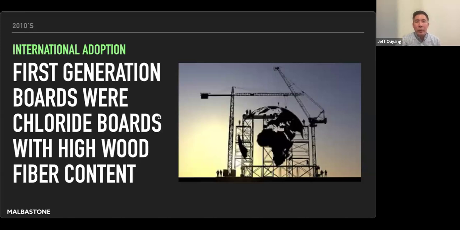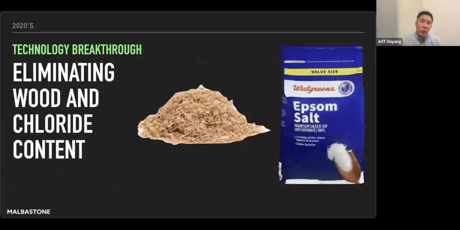So that leads to the latest generation, which I think is what's driving the expansion of magnesium oxide today, is that the latest boards actually have eliminated most or all of the wood component, and also the chloride content. These are called magnesium sulfate boards. The main salt used in the reaction is Epsom salt, the same salt you can buy at Walgreens.